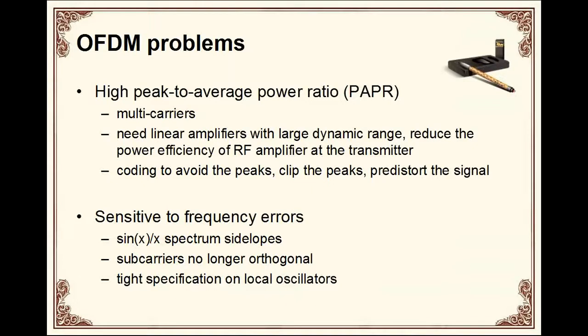Large side lobes make it more sensitive to frequency offset and drift than single carrier systems. Under this condition, the subcarriers are no longer orthogonal. Thus, OFDM systems have tight specifications on local oscillators to avoid producing more side lobe subcarriers.